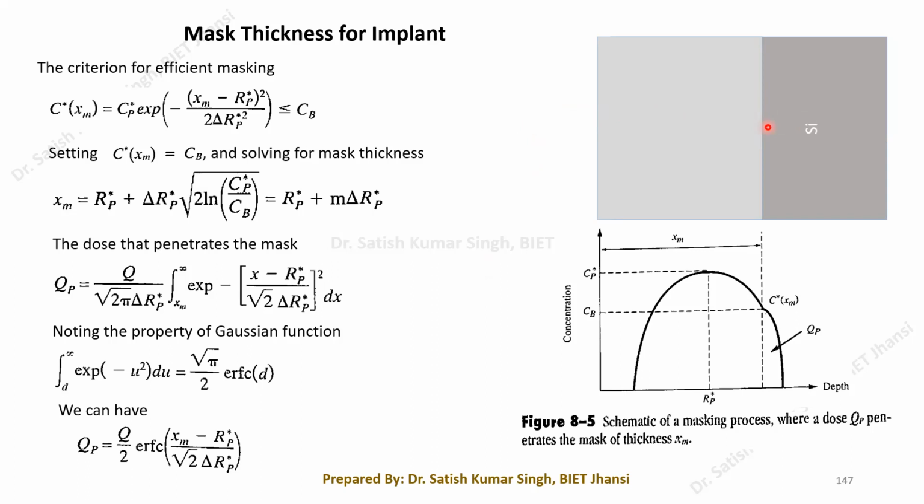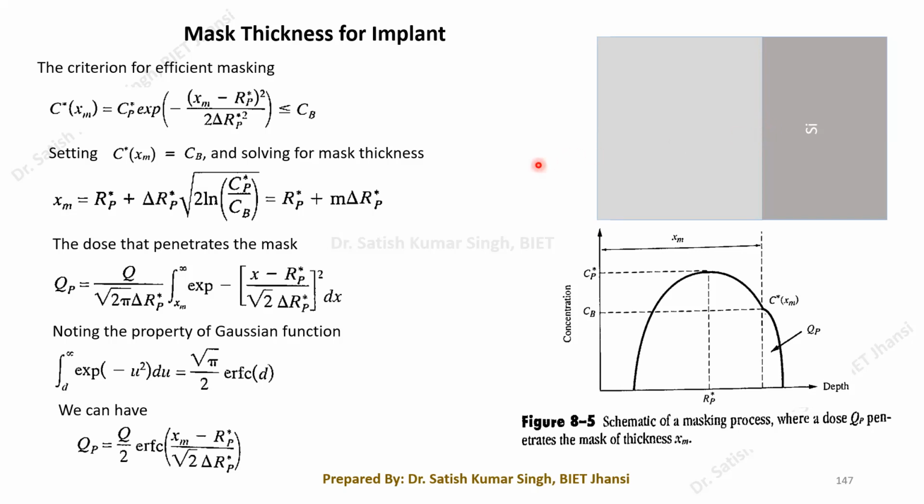Otherwise, your SiO2 mask cannot control the dose. It cannot stop the ion beams, or you can say the dopant material, wherever it is available. So we need to have a particular thickness.